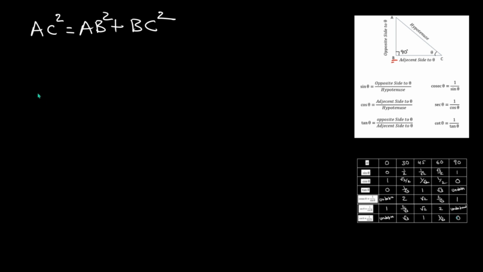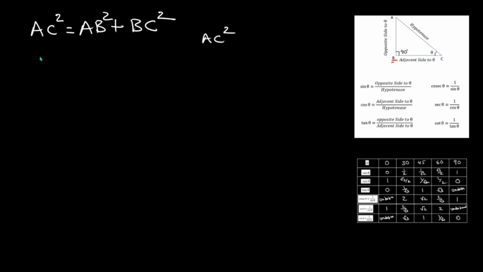Now we will derive one of these trigonometric ratios by dividing by one term. Let's divide this equation by AC square, which won't change anything.